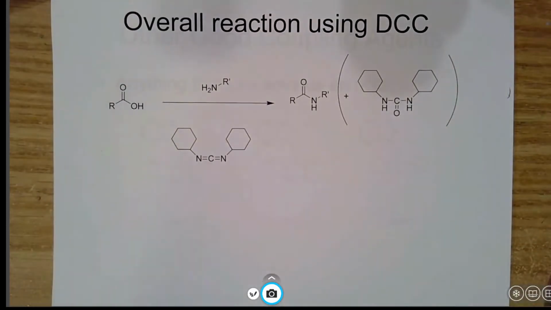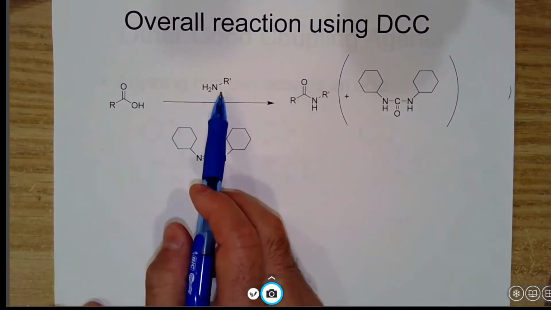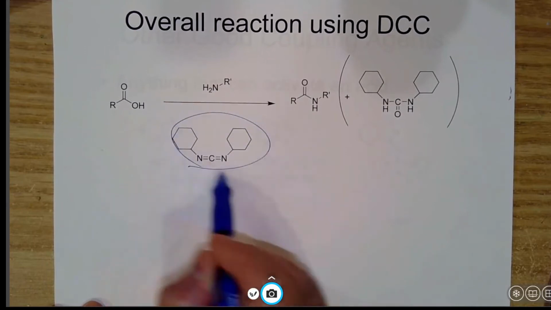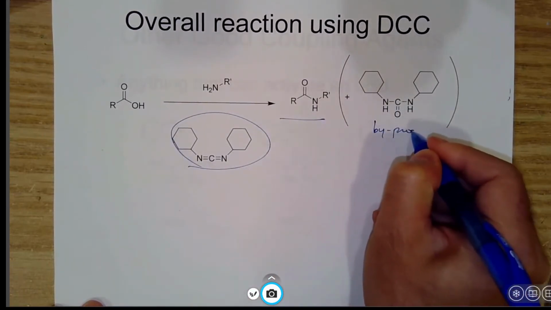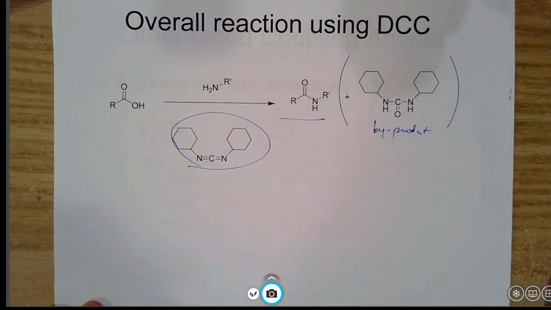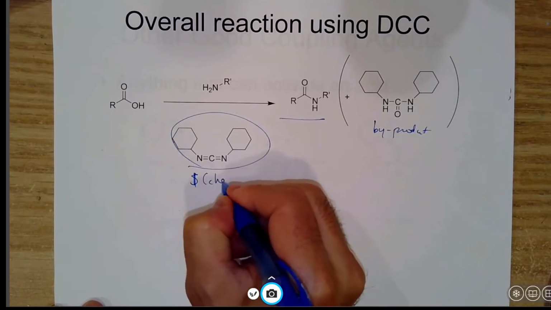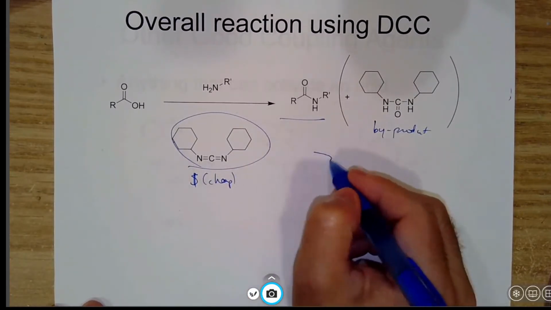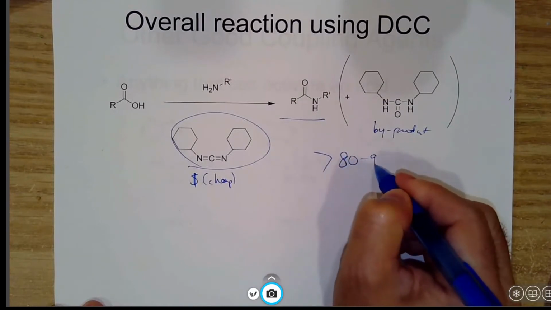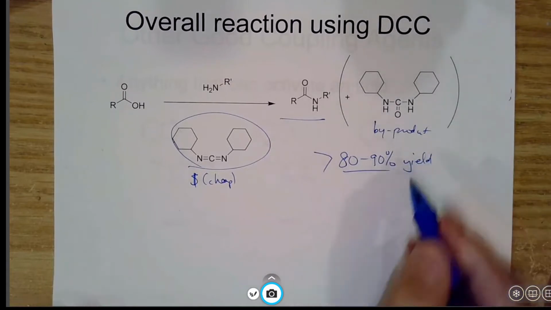So here's sort of a summary of that reaction. You can take a carboxylic acid with a primary amine using DCC to form the amide bond. This is your byproduct. And the nice thing about DCC is that it's relatively inexpensive. Researchers like it because it's fairly cheap, and your yields are around 80 to 90%, which sounds pretty good.